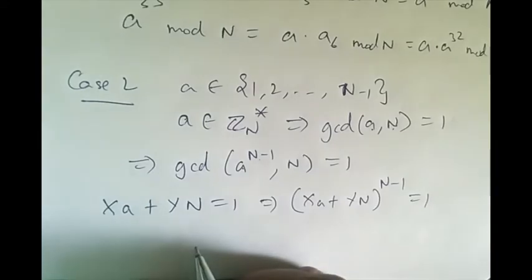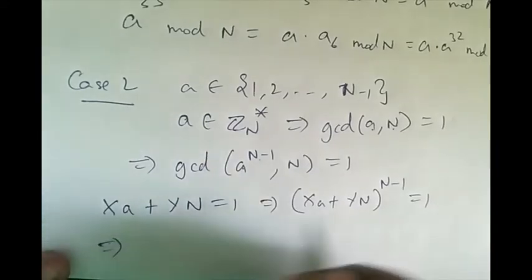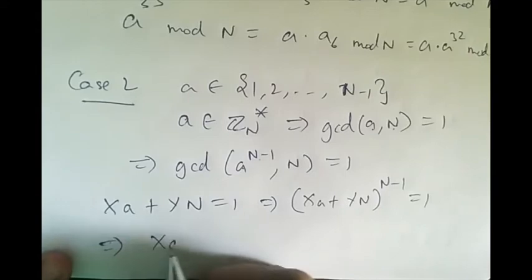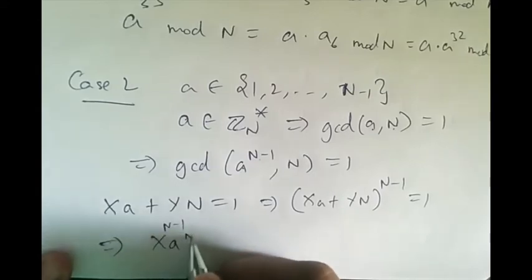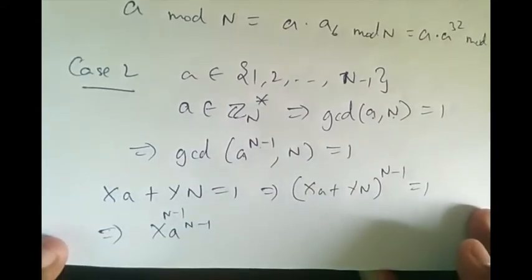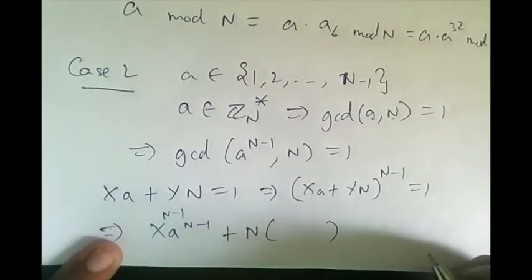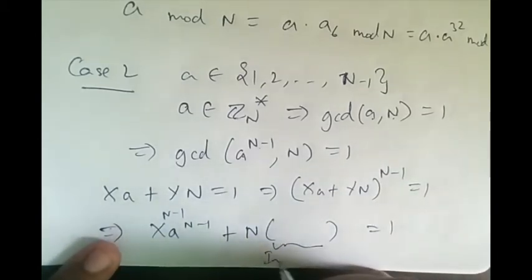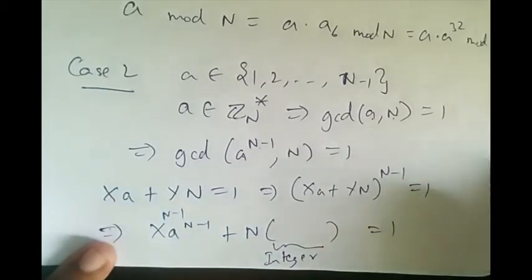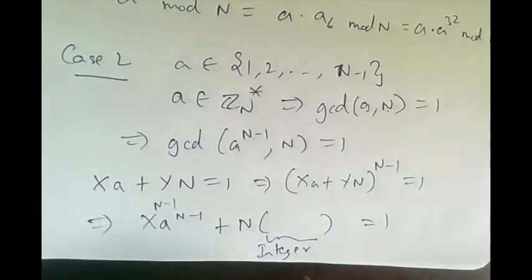Now by the binomial expansion, the first term will be x raised to n minus 1 times a raised to n minus 1, and all the remaining terms will have n as a common factor. So you get this, where this is an integer. So I'm able to express 1 as an integer linear combination of a raised to n minus 1 and capital N, which means that the GCD of a raised to n minus 1 and n must be 1.